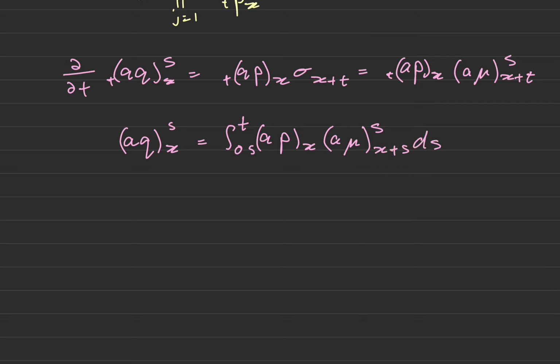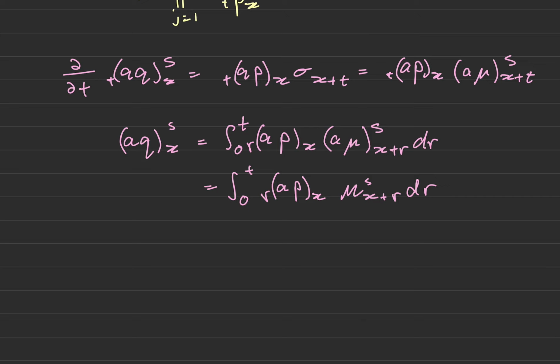Maybe I shouldn't use s because I'm using s as my decrement, so let's change this variable to let's use r. Okay, then this equals the integral from 0 to t. Once again we have just swapped the dependent transition intensity for the independent transition intensity, but otherwise they're the same.